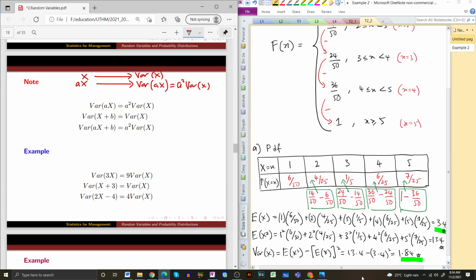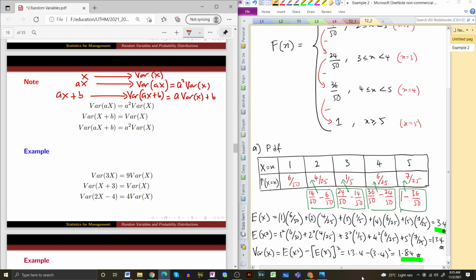Let's say you have transformed the data into another data by multiplying with a plus b. For expected value, if you want to follow the expected value formula, we multiply by a and plus b.